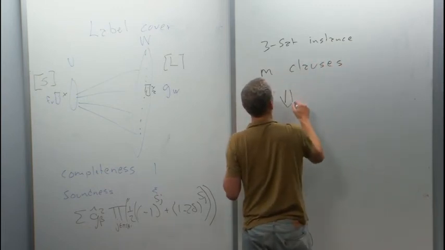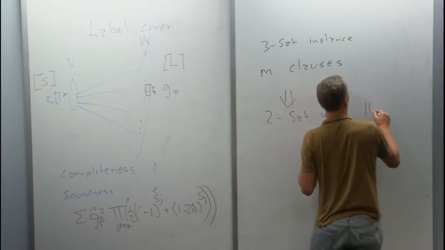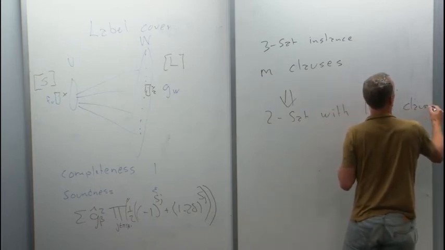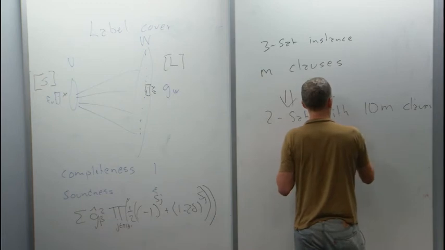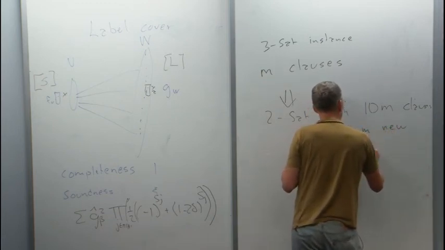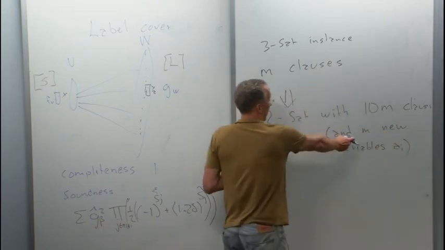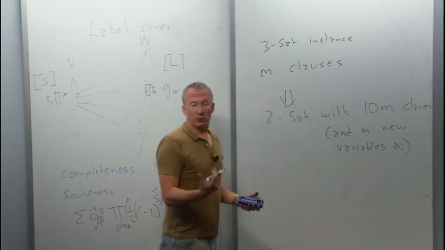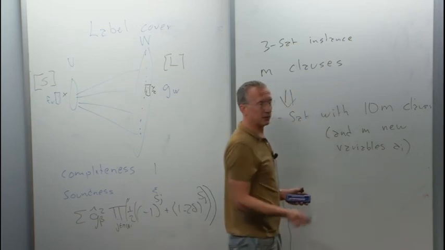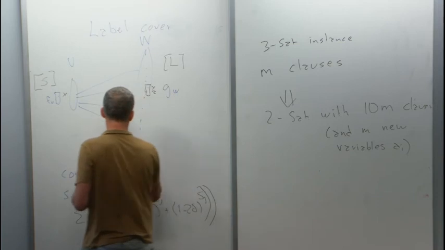Then we get the 2-SAT instance with 10m clauses. And we get one new variable for each clause. The A will have, as Elchanan pointed out, a new identity for each of these.